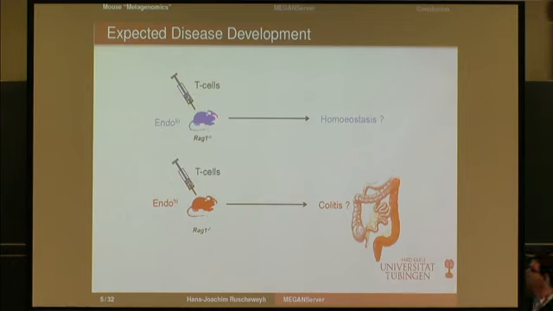And if you then add T cells, one of them will develop colitis, question mark, and one of them will stay the way it was.